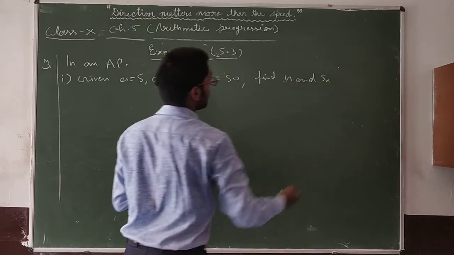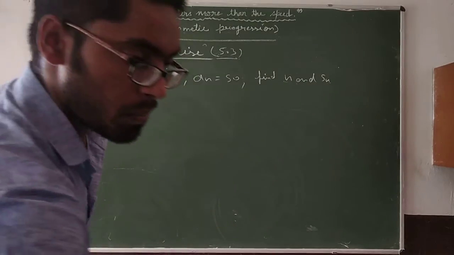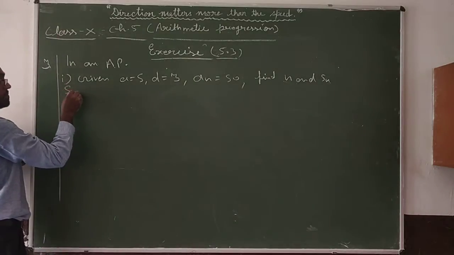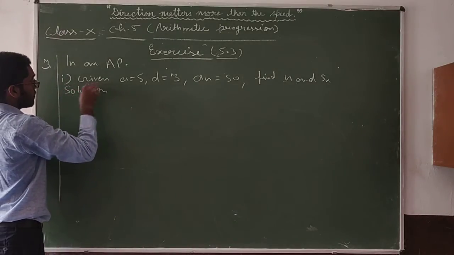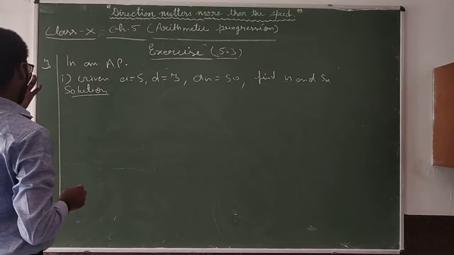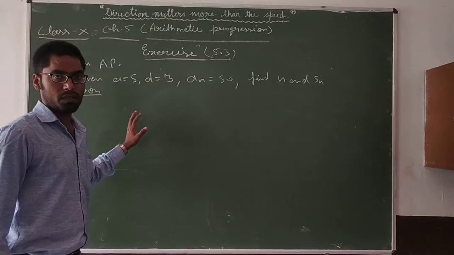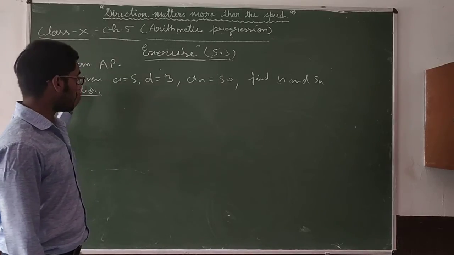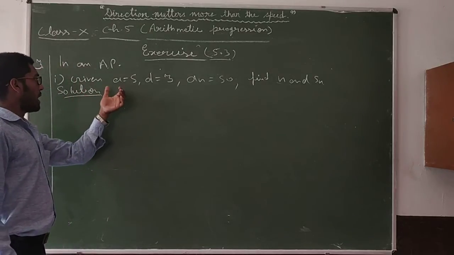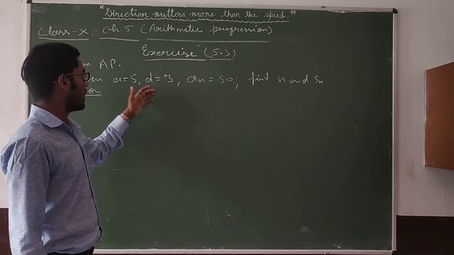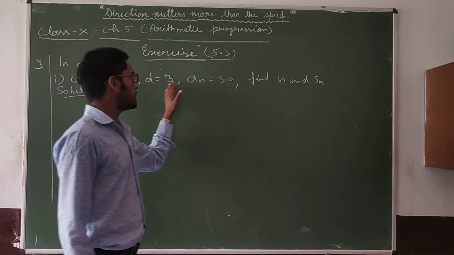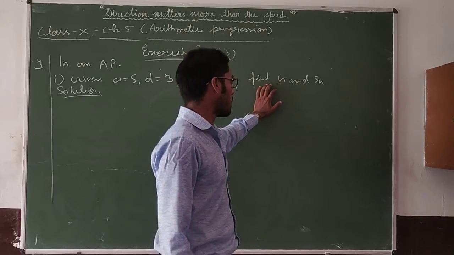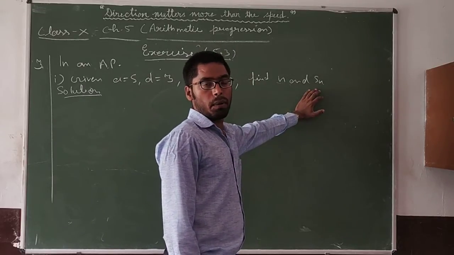Sn means the sum of the first n terms. In the AP, the first term a is given, the common difference d is given, an is given; find n, the number of terms, and Sn, the sum of the first n terms.